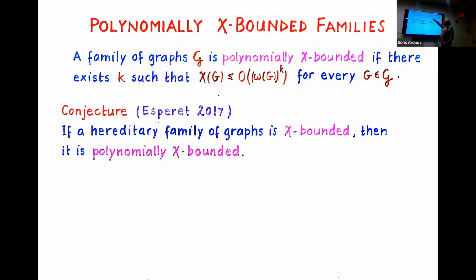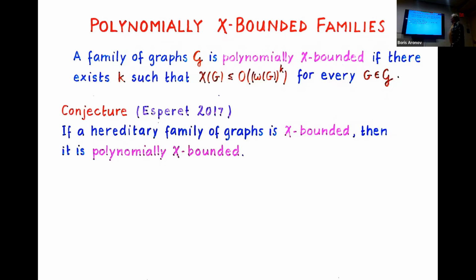So a family of graphs is polynomially chi-bounded, obvious definition, if the chromatic number is bounded by a function of the clique number, and the bound is a polynomial.